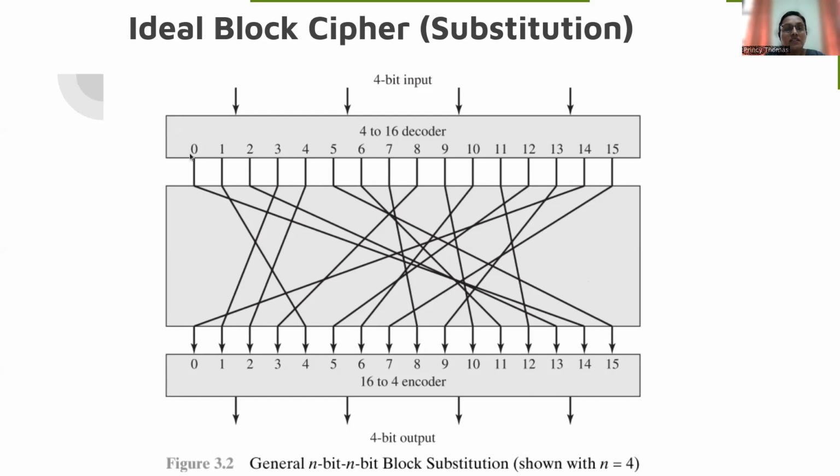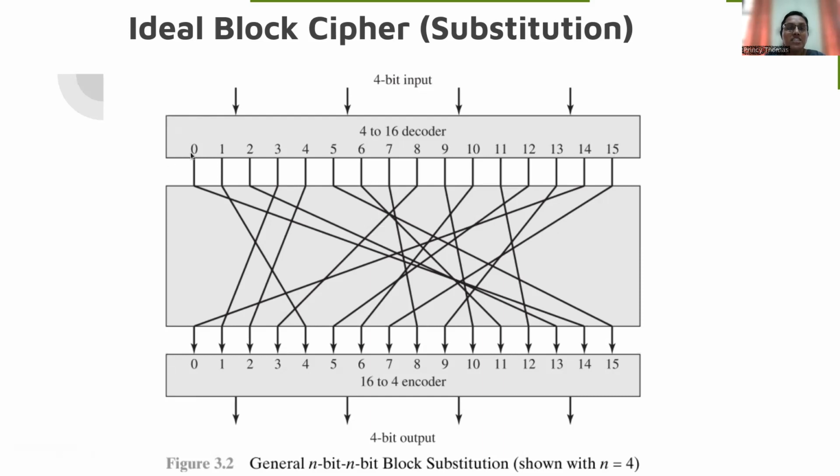Here, if you see this particular architecture, this is a hardwired substitution block. So in the hardwired substitution block, the 0th value is being connected to 14. 1 is connected to 4. So that particular group of values are being given.